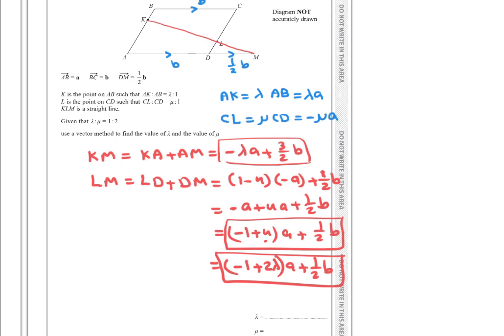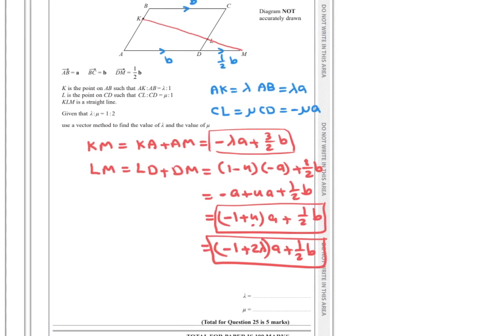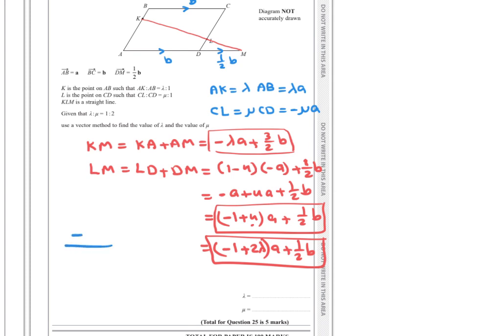So the ratio between the coefficient of a and the coefficient of a is the same as the ratio between the coefficient of b and the coefficient of b. So negative lambda over (negative 1 plus 2 lambda) equals 3/2 divided by half.